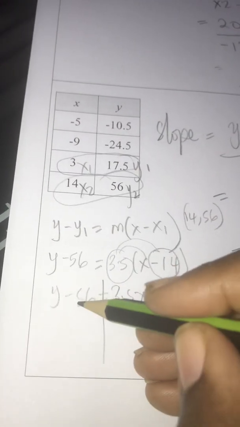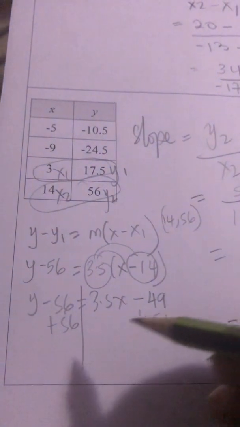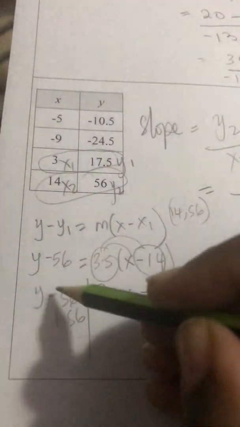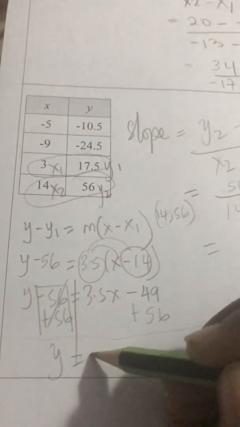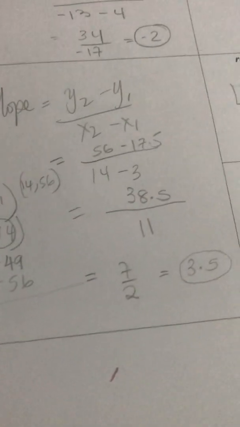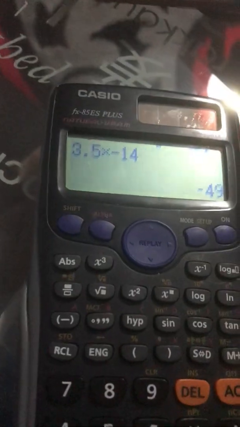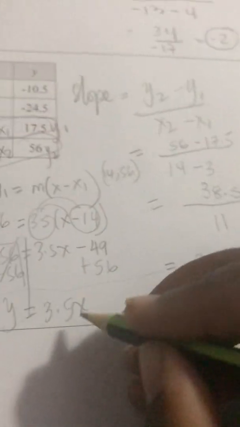And you draw your bridge, plus 56, plus 56. This house goes away. y equals 3.5x, and then you do negative 49 plus 56. That should give you 7.